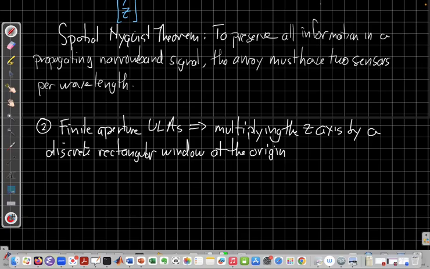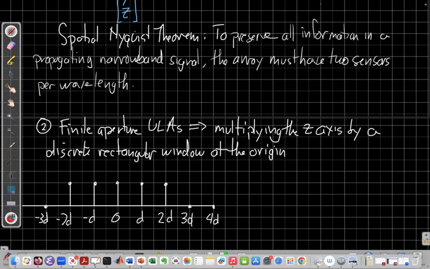Well, for a discrete rectangular window, if I make a picture on the z-axis, I'm multiplying by this window effectively on the z-axis, just for the case of n equal 5 sensors.